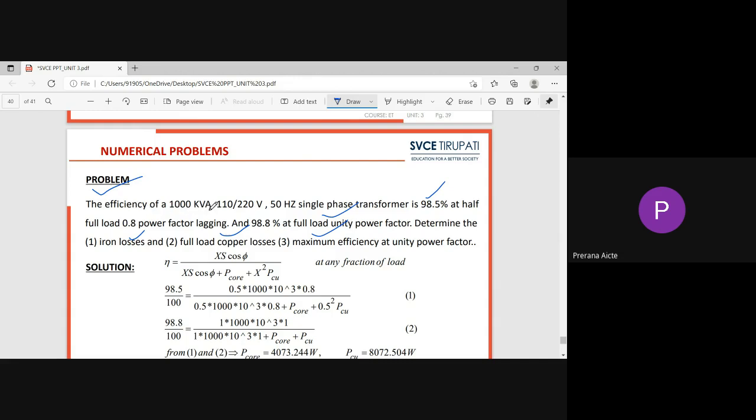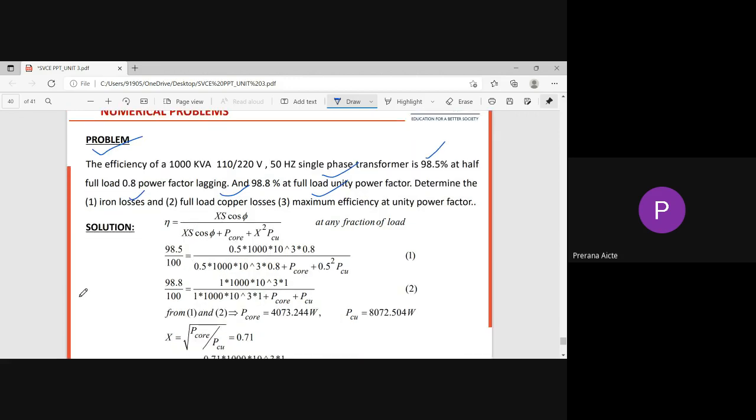The efficiency of a 1000 kVA 110 by 220 volts 50 hertz single phase transformer is 98.5% at half full load, 0.8 power factor lagging, and 98.8% at full load unity power factor. So from this we are going to write down the formula for the efficiency: V2 I2 cos phi 2 by V2 I2 cos phi 2 plus core losses plus copper losses.